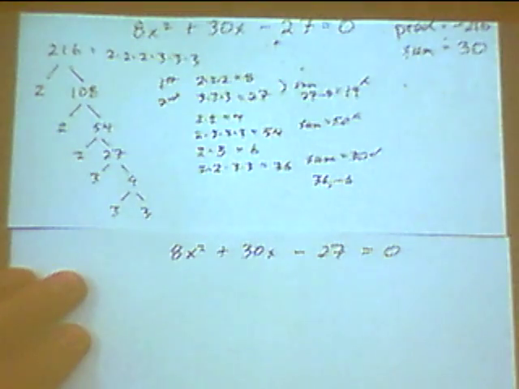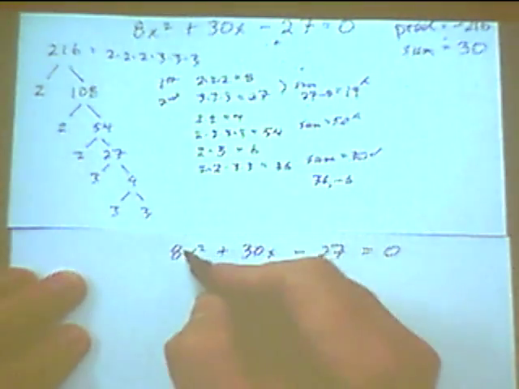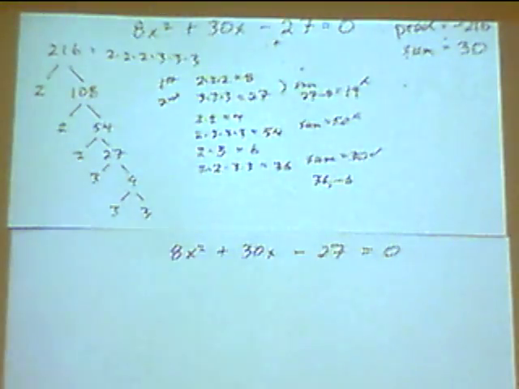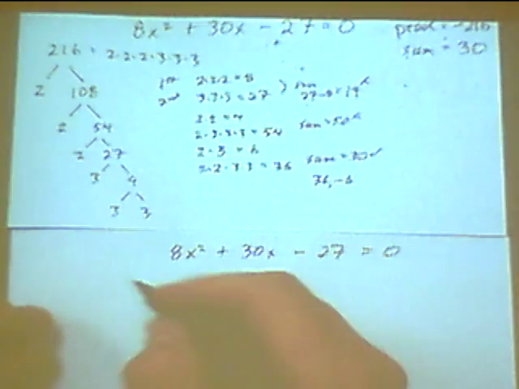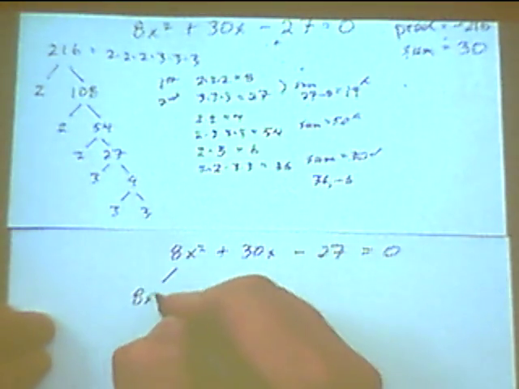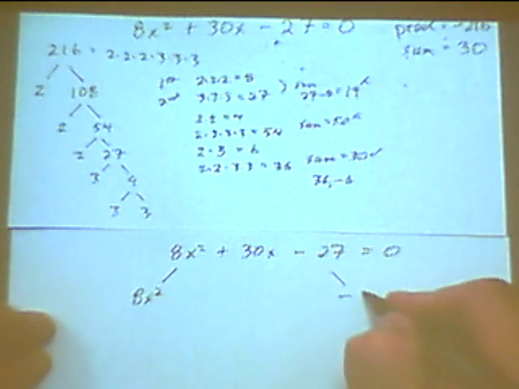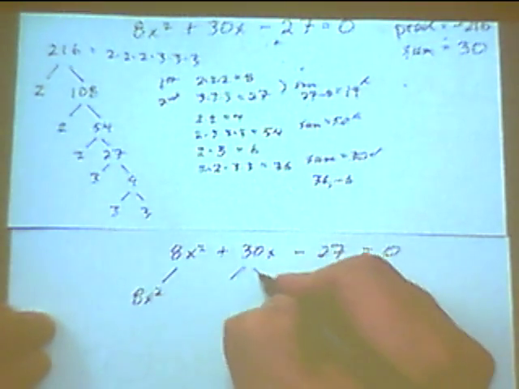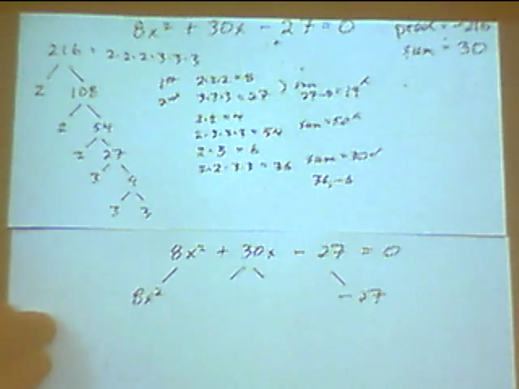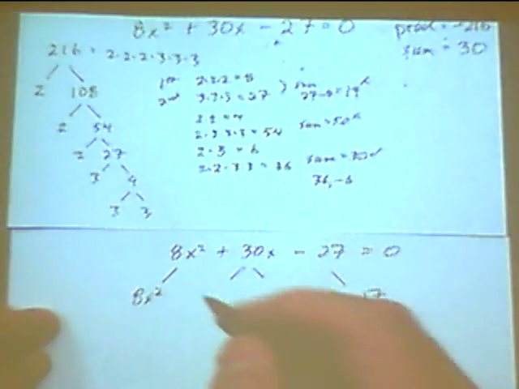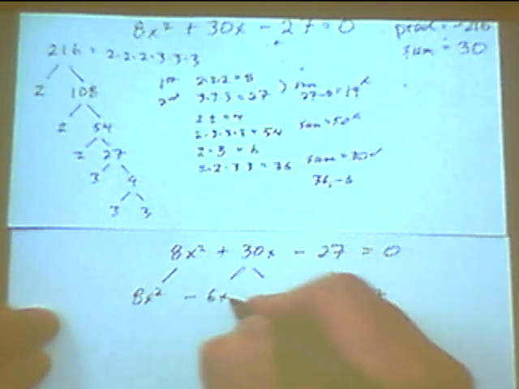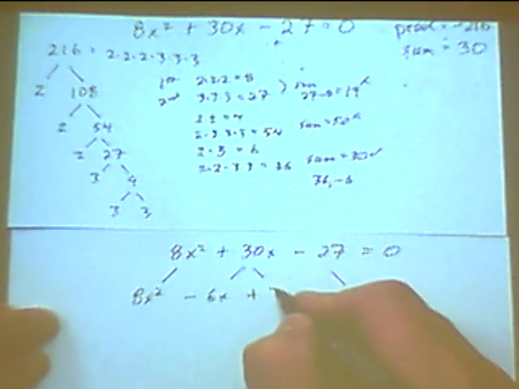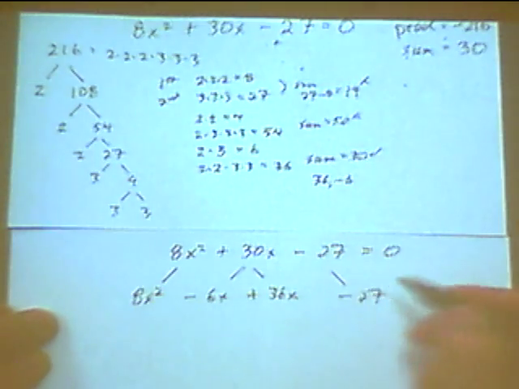I now know my factors are 36 and minus 6, and since I have a number in front of the square term, I have to write the first term and the last term, and then I'm going to split up the middle term. Let me just put the minus 6x here and the plus 36x over here.